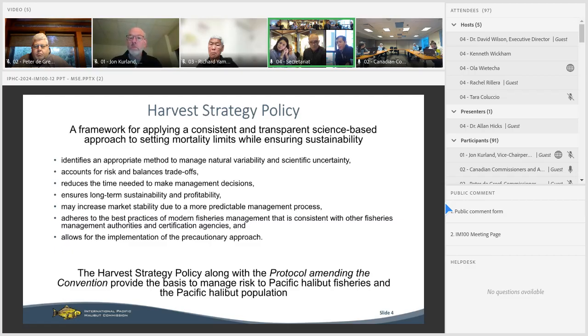And there might be some other concepts in there too that would optimize yield, such as economics even. But I think it would not be in conflict and would actually fit quite nicely. And in fact, the protocol has that as its overall general objective. The harvest strategy policy would just be more specifics on the protocol. And that's how I see these two working together.